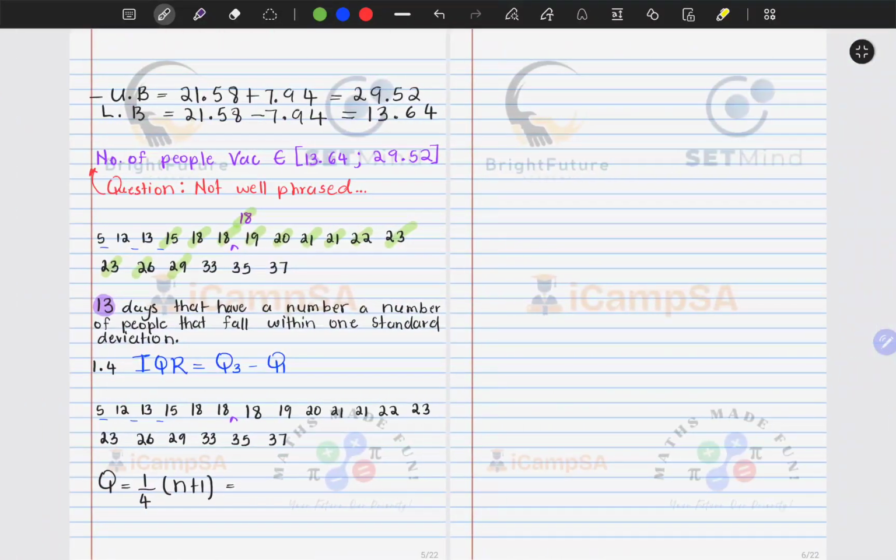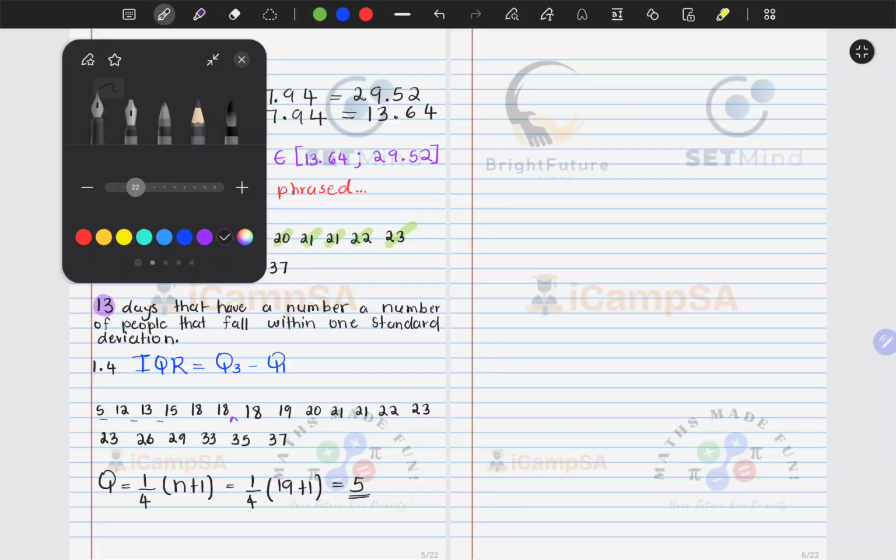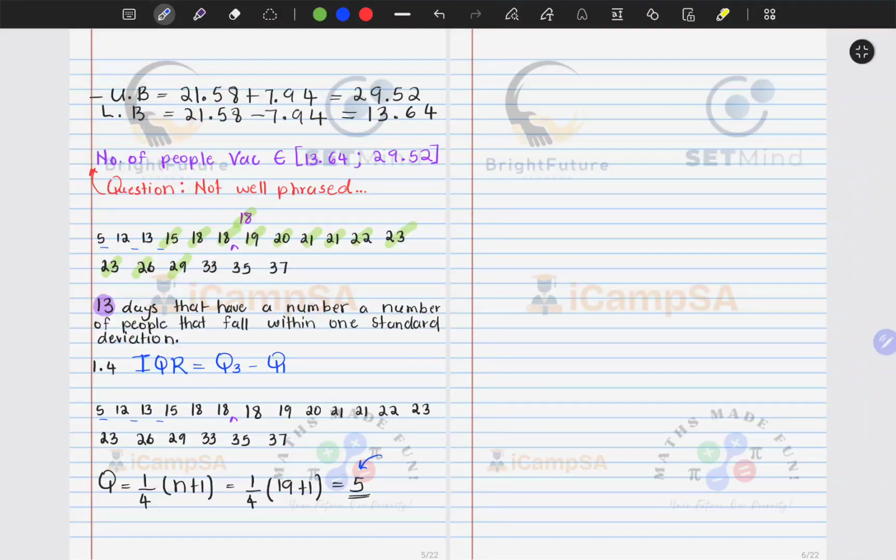So we have 1 over 4 into 19 plus 1, which is going to give you 5. Remember, the 5 is a position. You shouldn't be confused by this. This 5 here speaks to position.